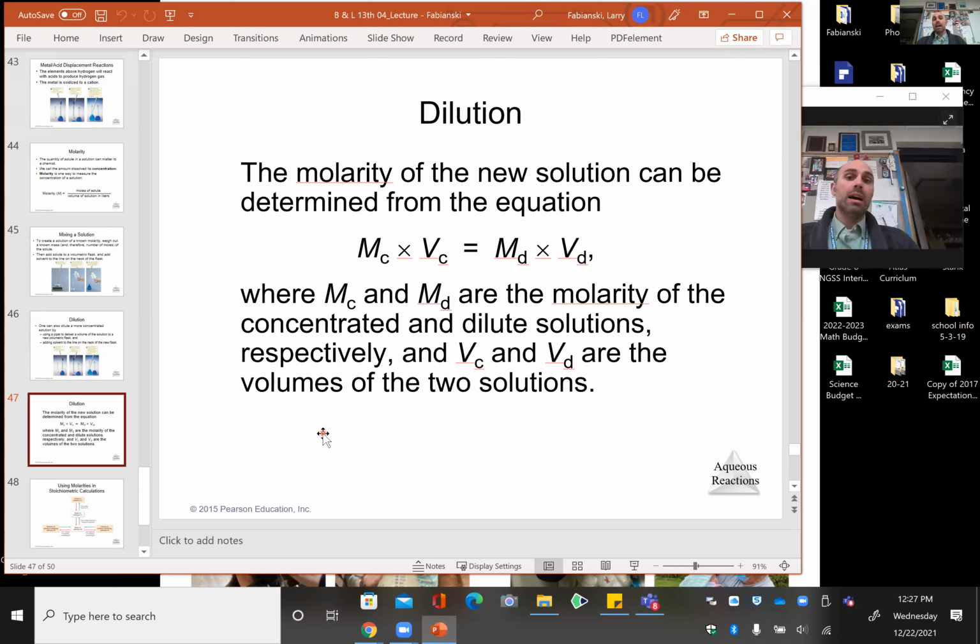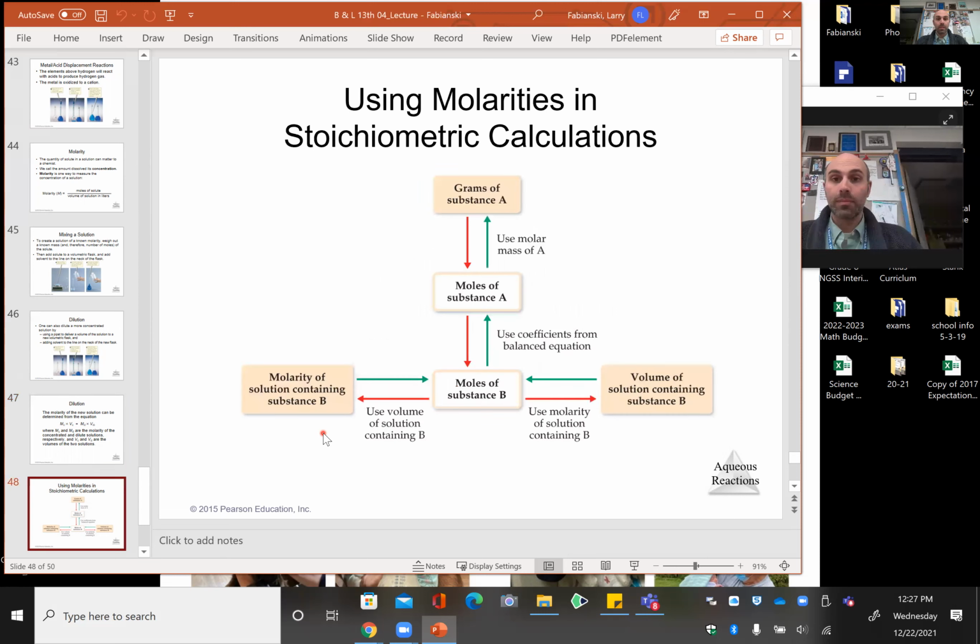So MV equals MV. It's a nice little equality there. You guys know how to do molarities, grams to moles, using molar mass, moles to moles, and from there we can go to our concentrations by using our volumes.